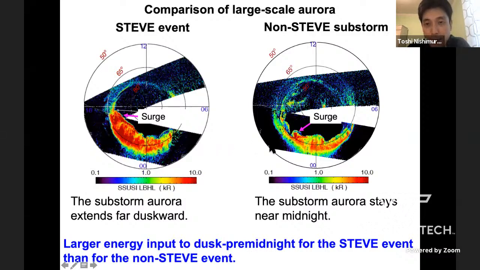And that's very different from a normal substorm of this strength in AL. The substorm surge is normally seen at pre-midnight. Most energy is dumped in the pre-midnight region. So apparently, the way the magnetospheric energy comes to the dusk side region is very different for the STEVE event.